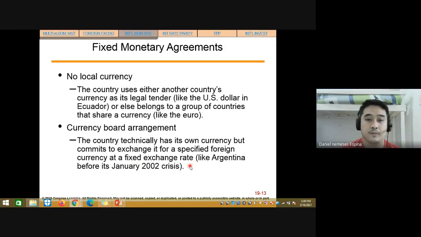They had a target fixed exchange rate. They have their own currency, but they will exchange it for a specified foreign currency, with a fixed equivalent for that foreign currency. So let's say $1 is equivalent to, let's say, 50 Argentinian pesos.